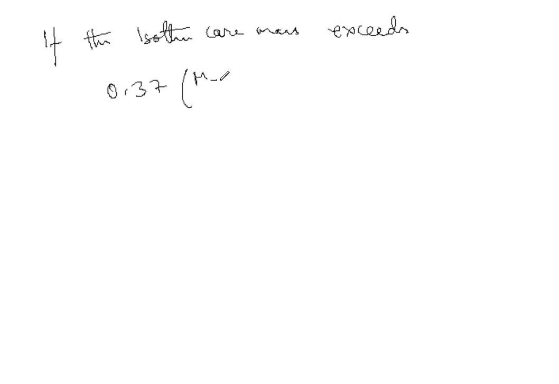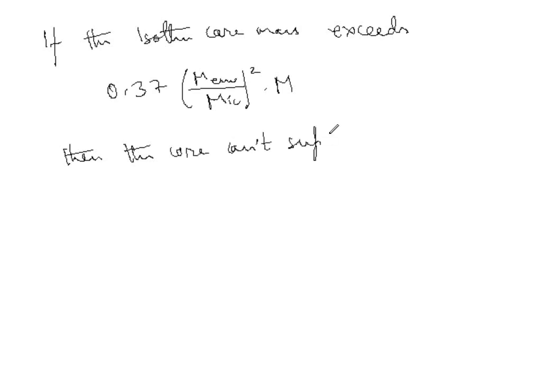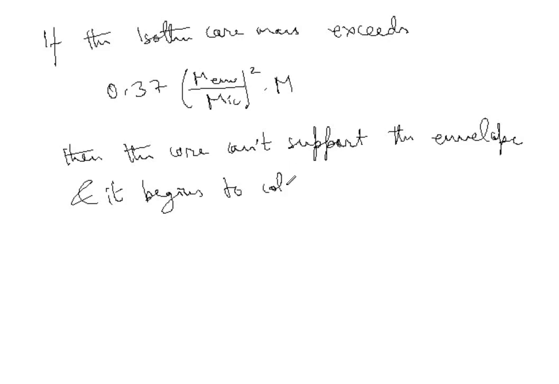If the isothermal core mass exceeds 0.37 into (mu envelope divided by mu IC) whole square into your total mass M, then the core can't support the envelope, and it begins to collapse.